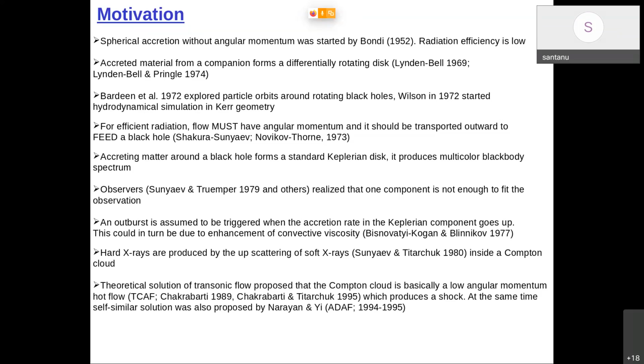Later in 1995 and 1994, Chakrabarti and Titarchuk and Narayan proposed advective flow models, and it can explain the observed features from both hydrodynamic and radiative transfer solutions. In 1996, Molteni proposed that the observed periodicity in the light curve can originate from the oscillation of the Compton cloud, or from the oscillation of the shock.